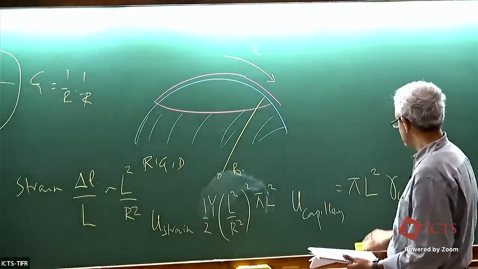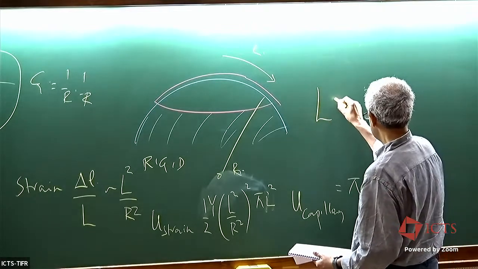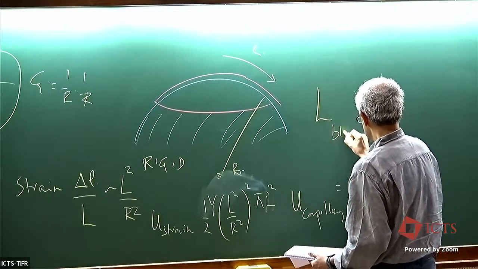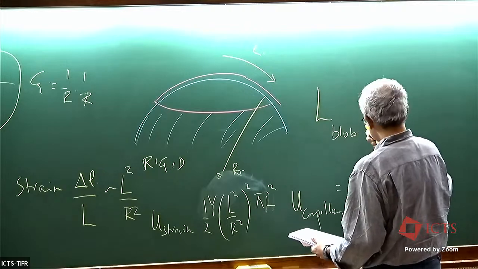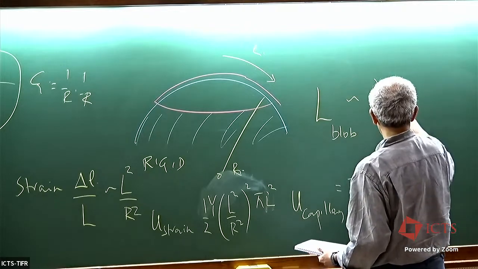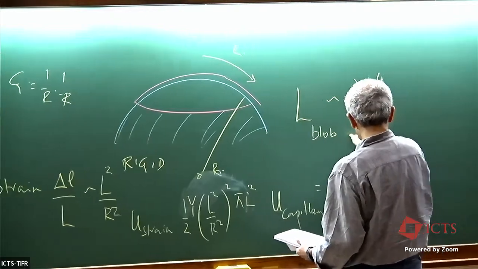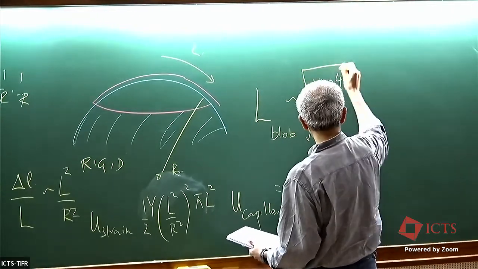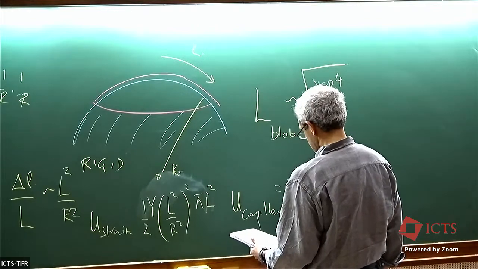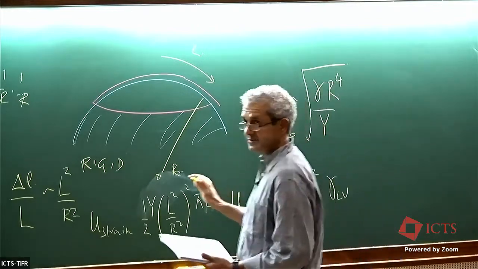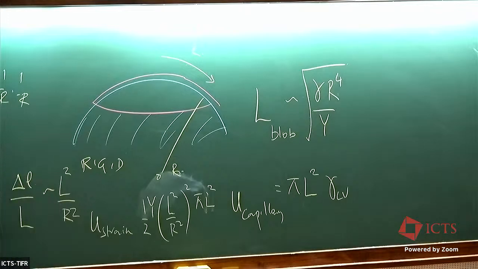If you balance these, you get a scale that looks like the size of the blob is something like gamma to the 4 divided by Y. As I write this, I have the panicky feeling that I've got some dimensions wrong. But here finally is an example of Gaussian curvature.